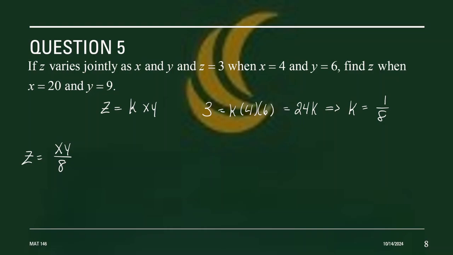When x is 20 and y is 9, what is z? Twenty times 9.